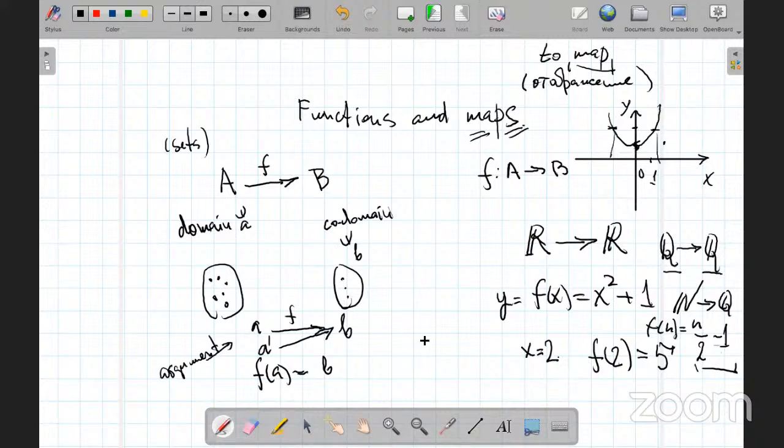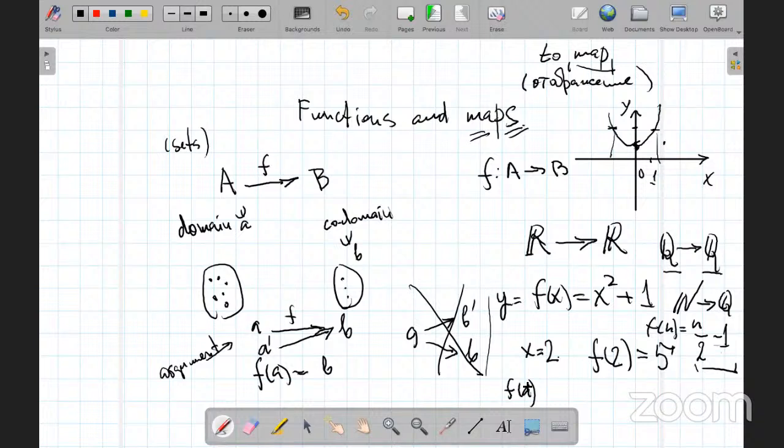However, what is not possible is a kind of dual situation where the same element is sent, or mapped, to two different values. That situation is disallowed, because otherwise we wouldn't be able to tell what f of a is, where our function really sends our argument. In different words, what is the value of this function on that given argument should really be one unique answer.